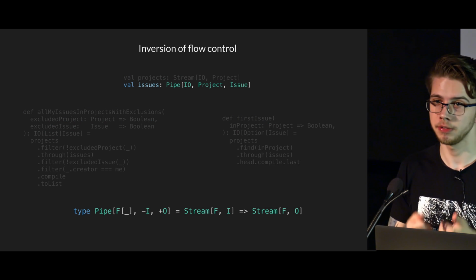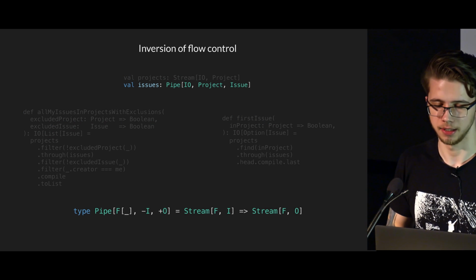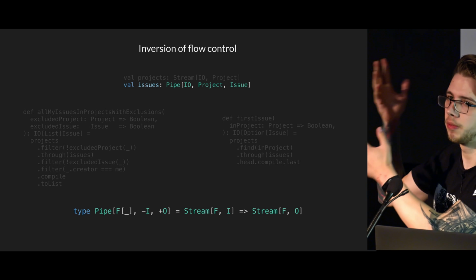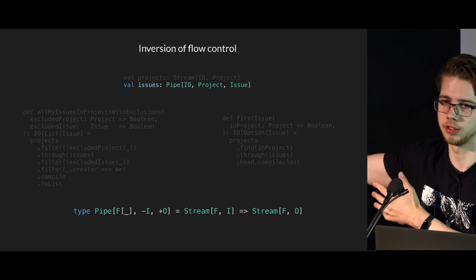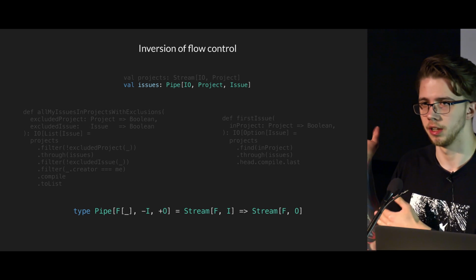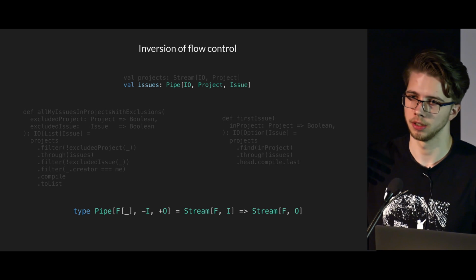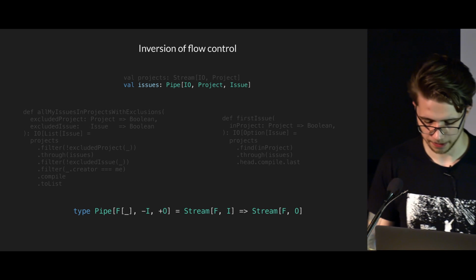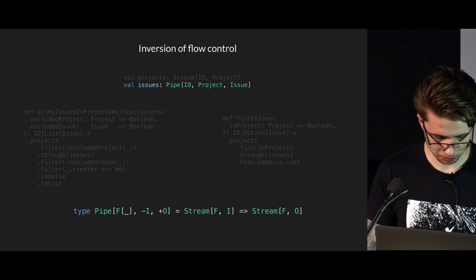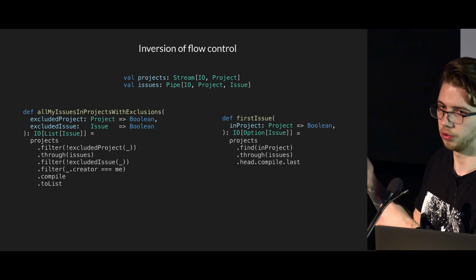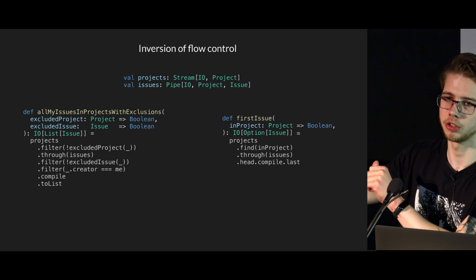And pipe. Pipe is a really nice abstraction. It's really nice because it's so simple. This is just a type alias for a function from one stream to another with the same effect. And pipes are really cool because we have an operator called through that allows us to just pass a function.